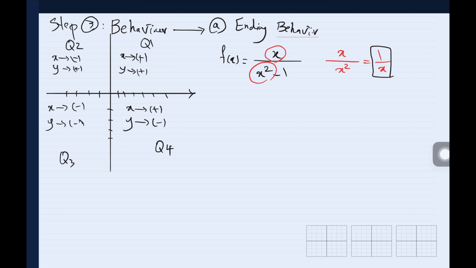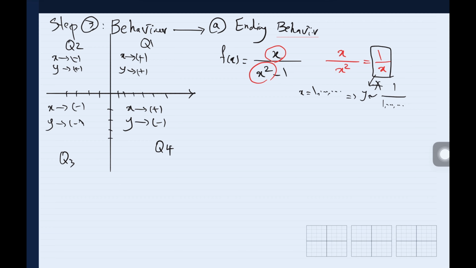So then, if I want to know how that function behaves as the ending behavior, so if you have 1 over x here, and I have x a very big number, like for example x equals 1 million, do you agree y in this case is going to be almost 1 over 1 million, which is a very small number.